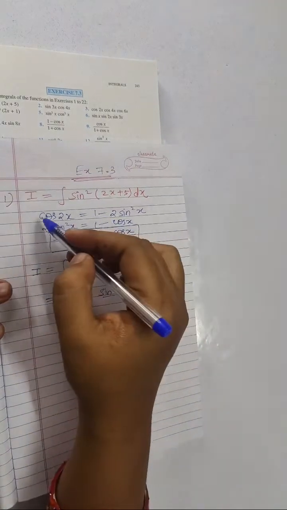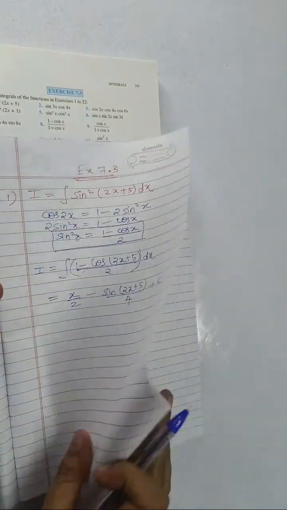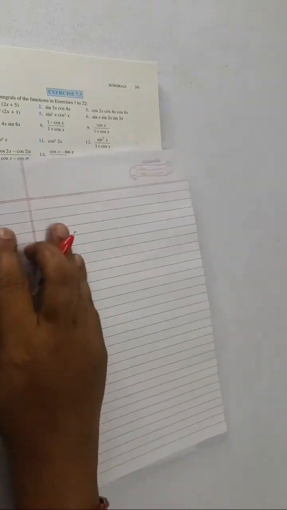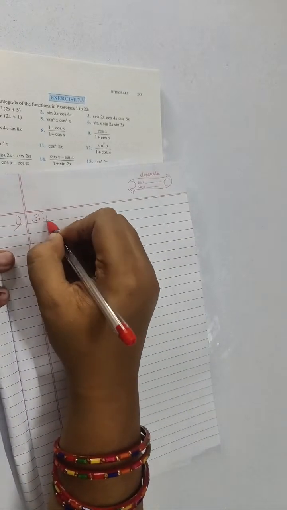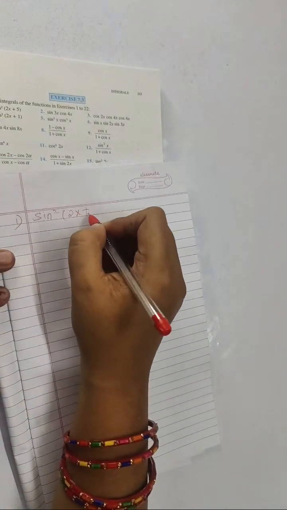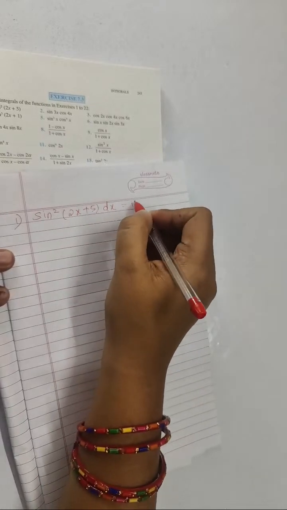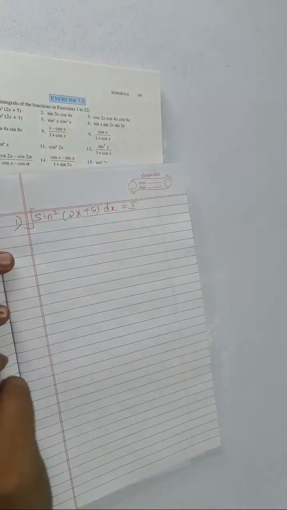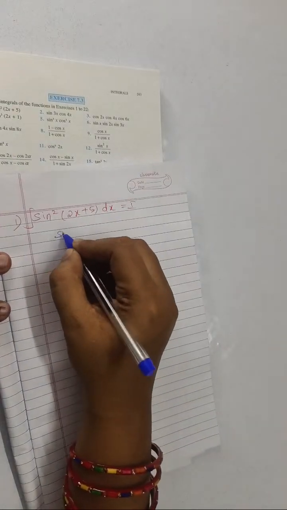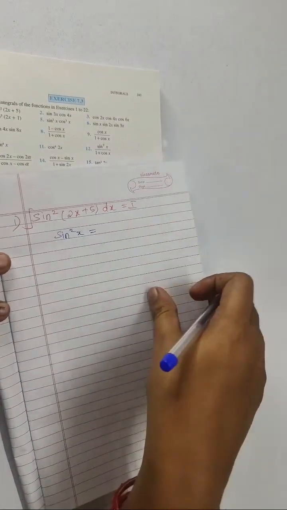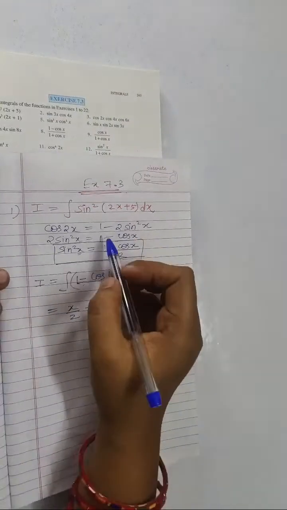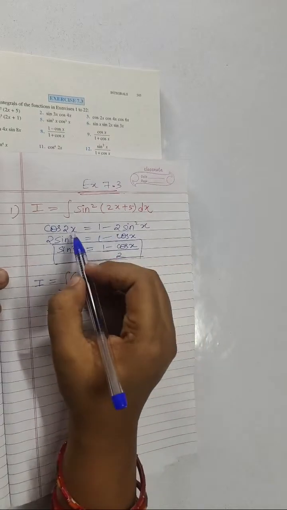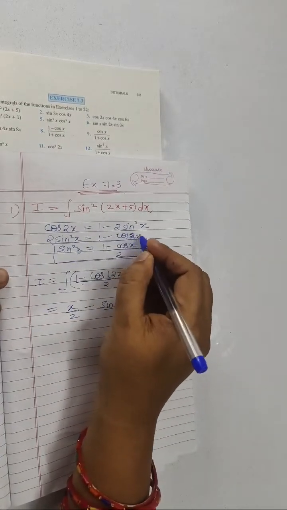I'm so sorry. We have missed that 2 here. We have taken sine square x with the formula 1 minus cos, and this should be written as cos 2x.